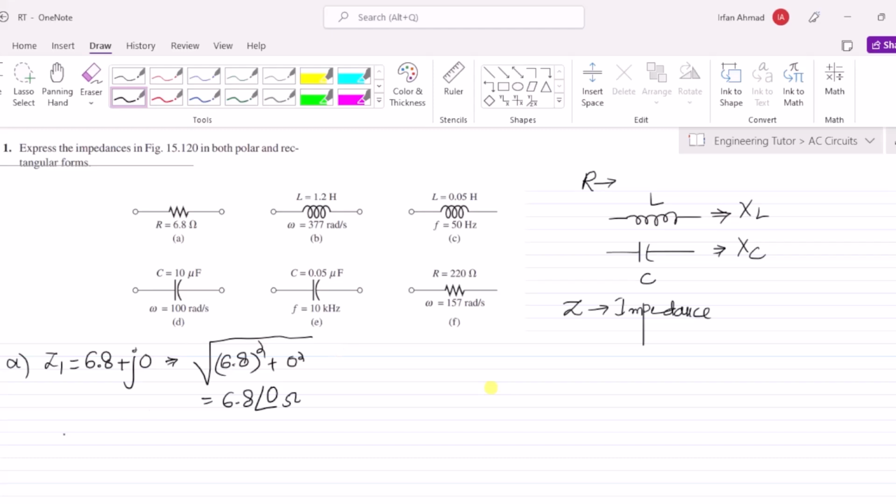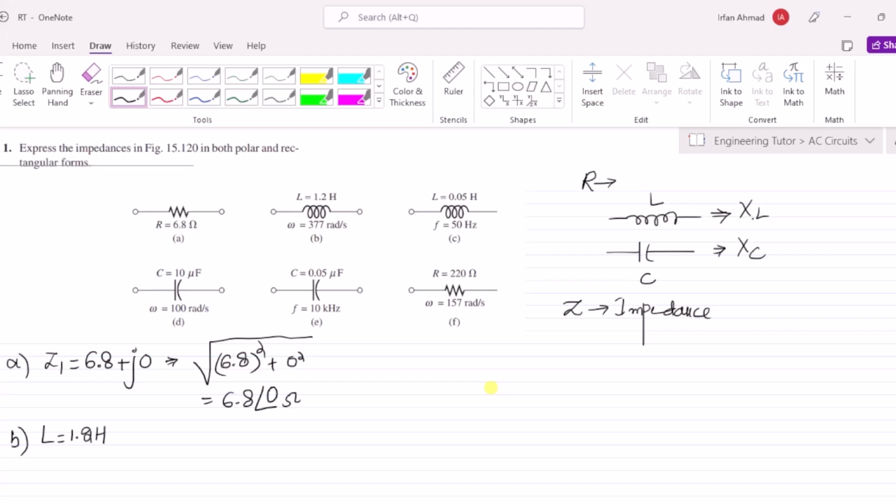Similarly, in B, what is it asking us to find? Again we are going to express the impedance associated with the circuit in B in polar and rectangular form. Here we are given that the inductance of the circuit in B is 1.2 Henry.